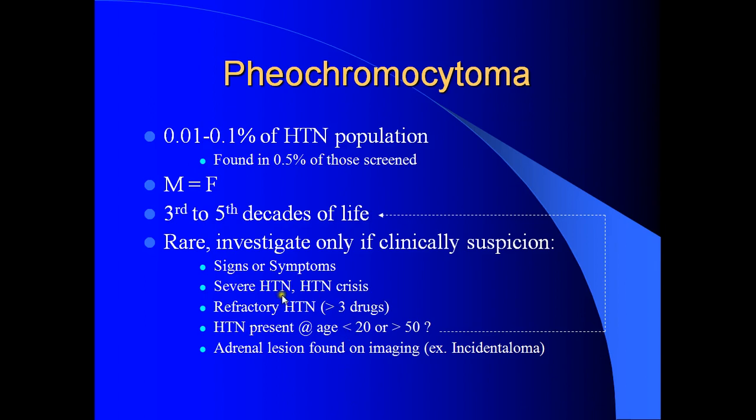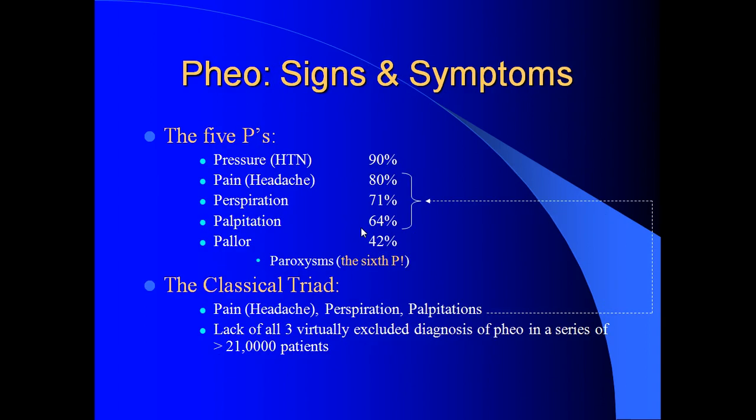So these are the points which should give you clinical suspicion that the patient might be having pheochromocytoma. 0.01 to 0.1% is a very small percentage of the population, but you have to keep it in mind. It's a very important clinical suspicion which you should have.